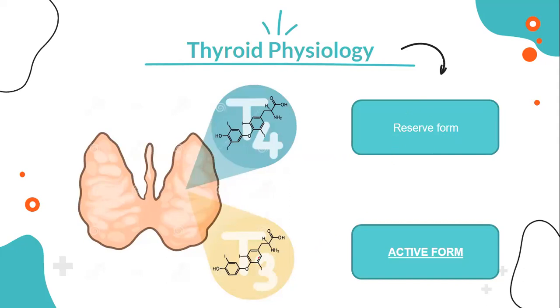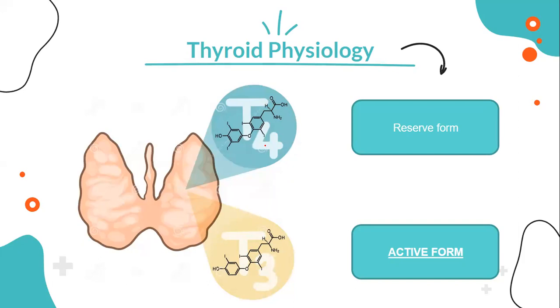So we could say that T3 is inside T4. There is basic knowledge telling us that 80% of the T3 levels actually come from T4, which transforms into T3. So most of the T3 molecules come from T4.